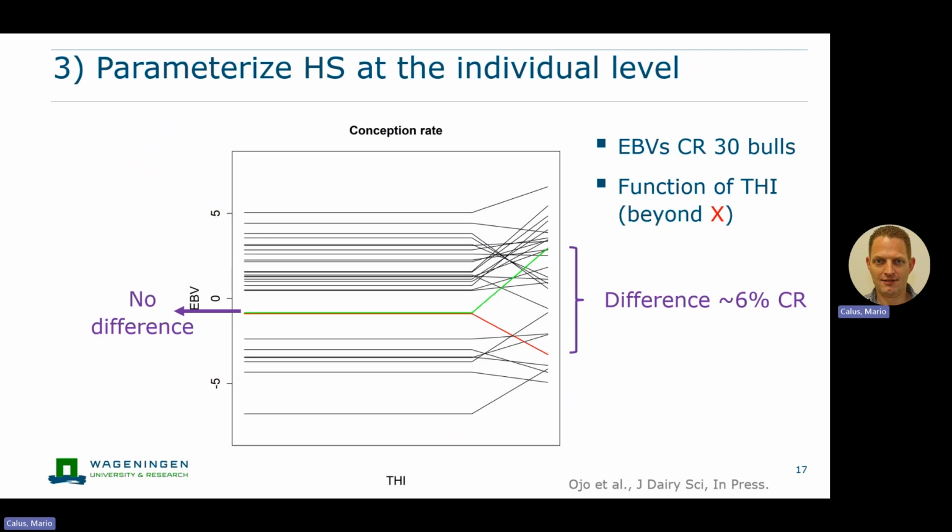And what is the interpretation of that? Of what? Of the slope? Because you see the figure like this, and you see at high THI, the cow is better than. Yes, and that's not the case, right? So these breeding values, they are a deviation of the overall curve, right?